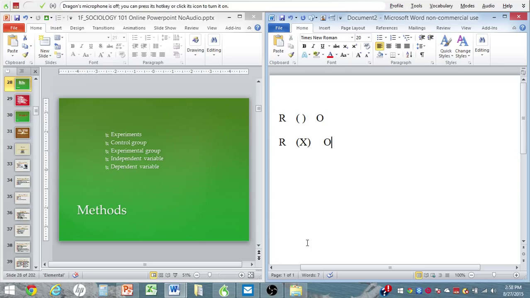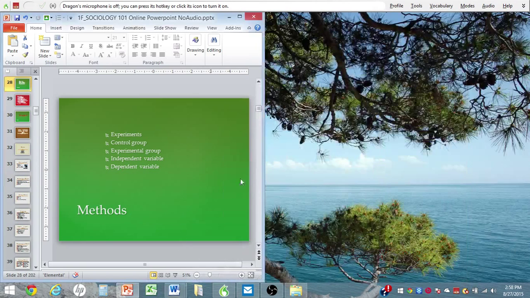And I am able to look at whether or not there's a change. But I have a problem because I don't know what was before. But essentially, that's the way an experiment works. And there's a couple different ways in which you can design it. One of the traditional ways is what they call the Solomon Group 4, but you guys don't need to know that.